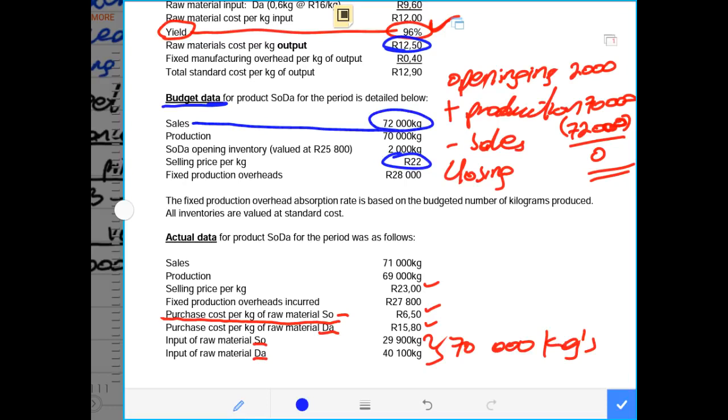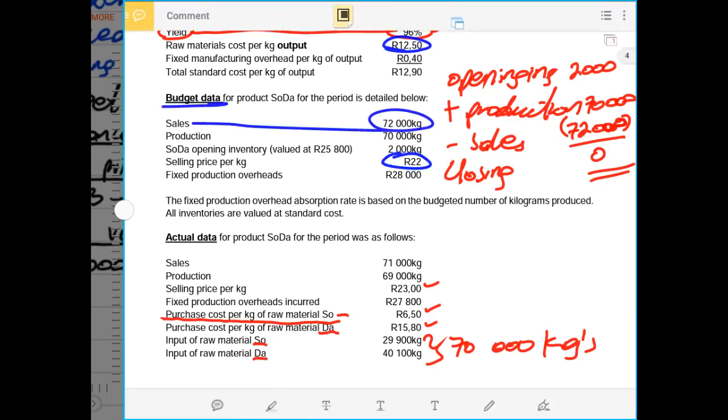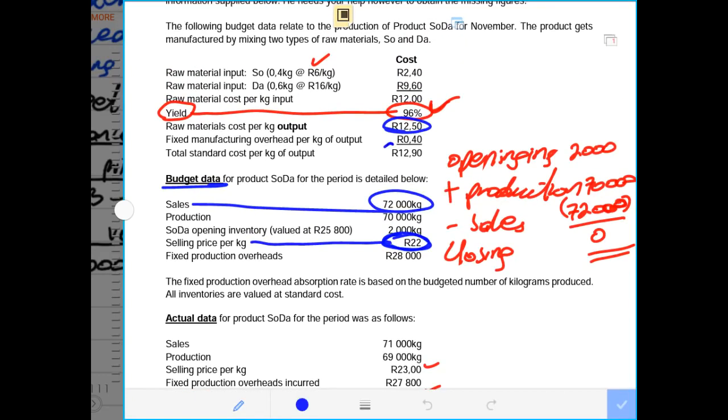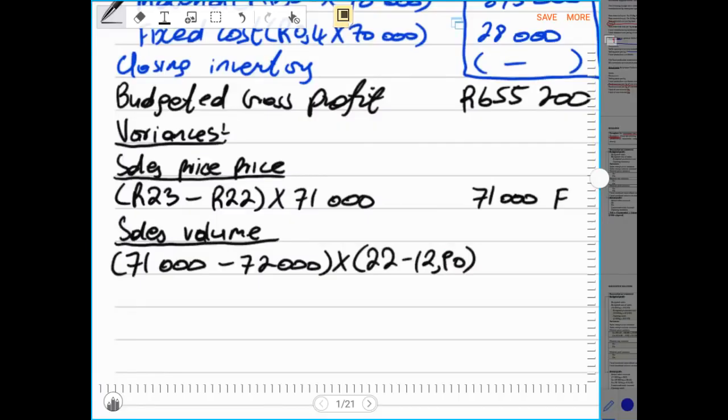Then we have to multiply that by the standard contribution per unit, and remember the standard contribution per unit will be the budgeted selling price, which is 22 rand, minus the variable cost per unit of 12 rand 90 cents. That is what it means to multiply by the standard contribution.